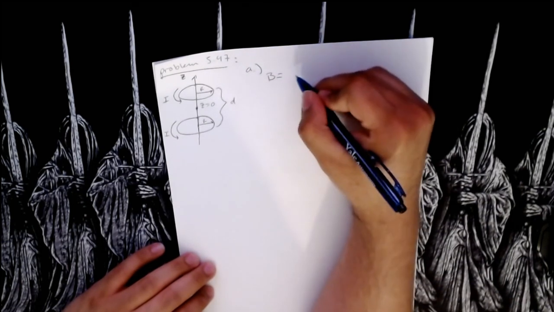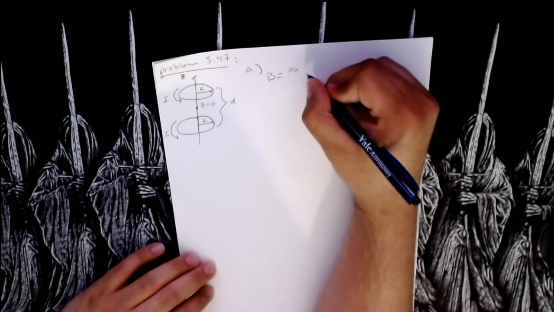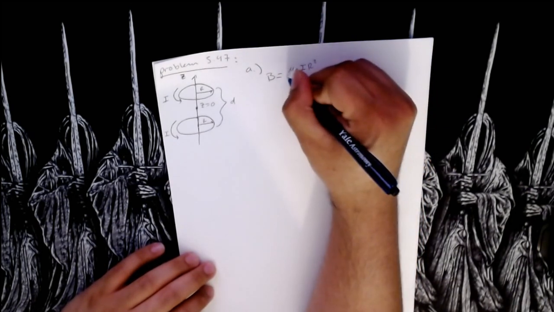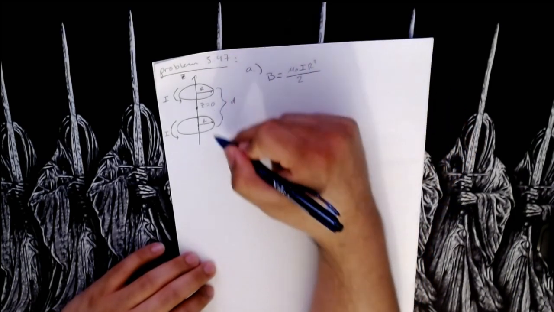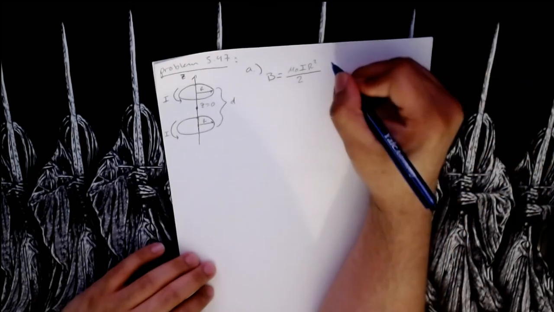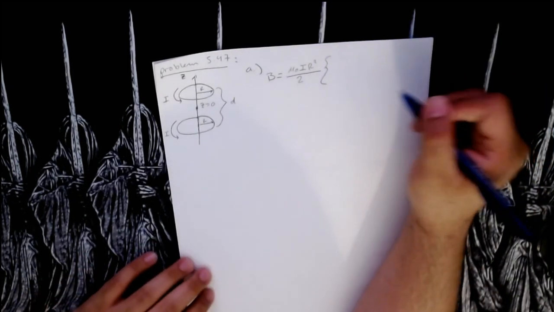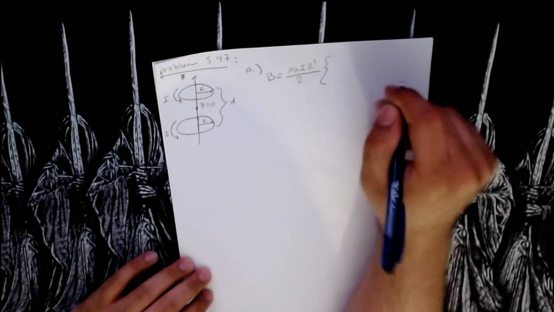We'll have the magnitude of the magnetic field. It's going to be mu naught I r squared over 2. Now, to account for these two circular current loops, we're going to need an extra factor.